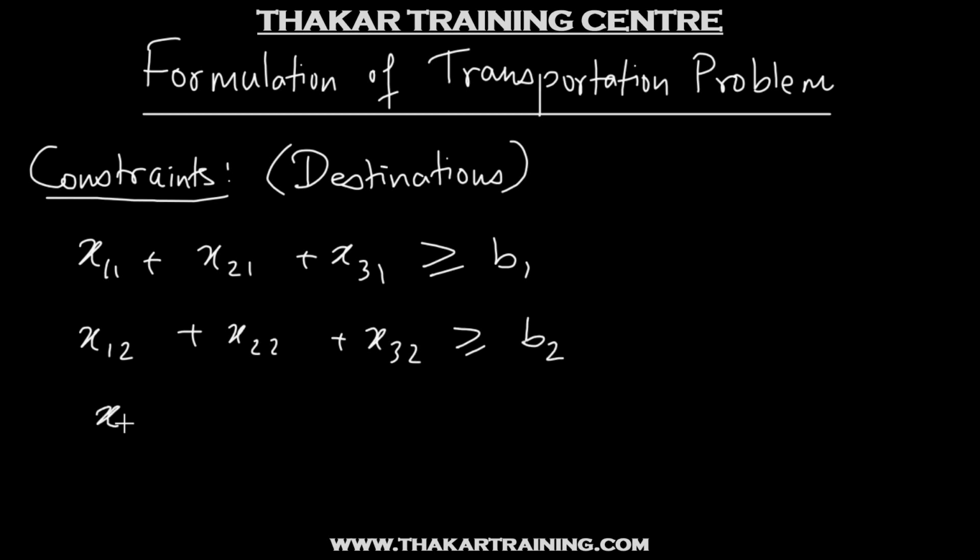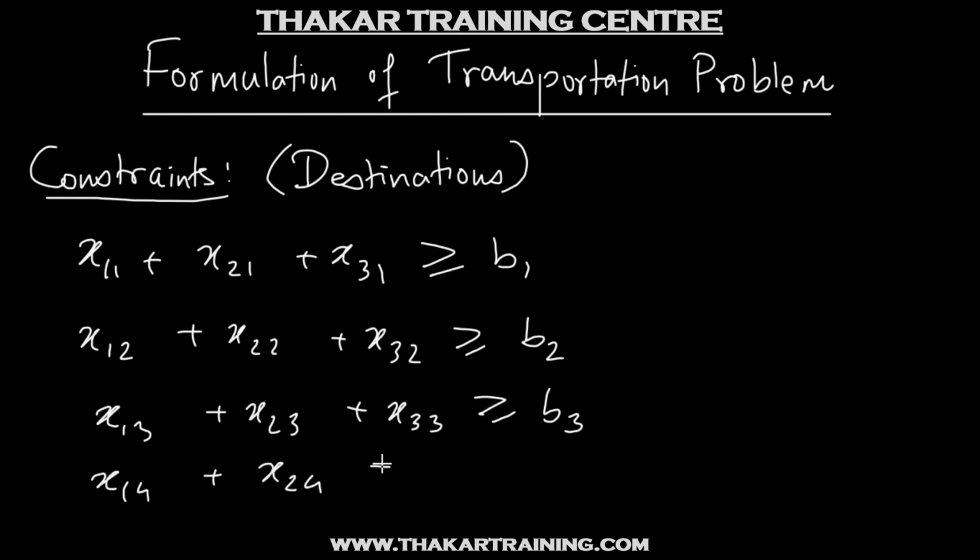For destination 3, x13 plus x23 plus x33 should be greater than or equal to B3. And for destination 4, x14 plus x24 plus x34 should be greater than or equal to B4.